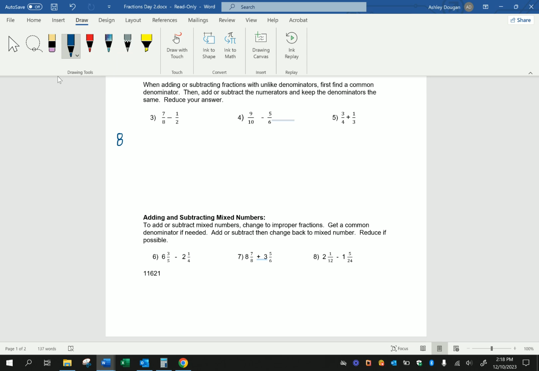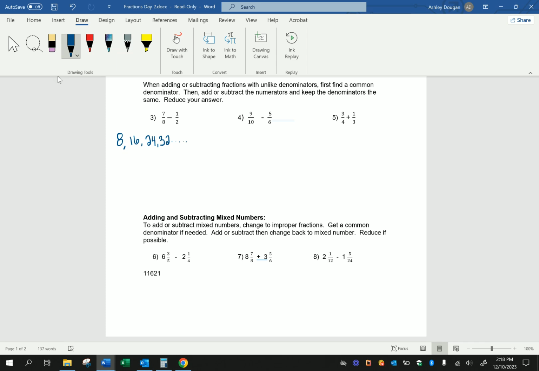That's how I get multiples of 8. 8 times 1 is 8. 8 times 2 is 16. Times 3 is 24. Times 4 is 32. And I might just list out a few. Sometimes you may have to list out more to find it. I'm just going to list out a few to start with.